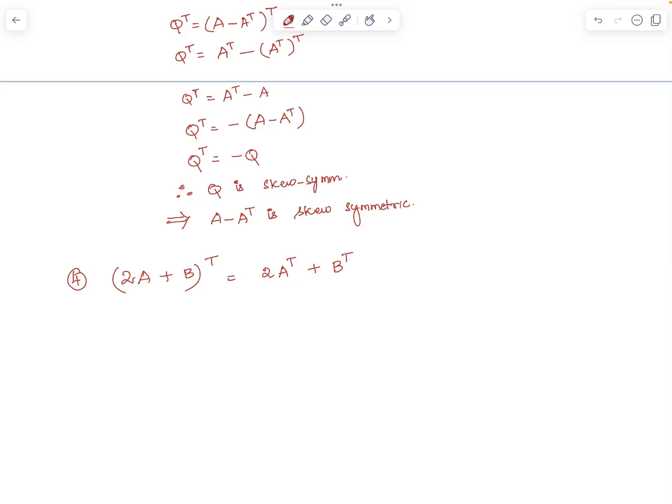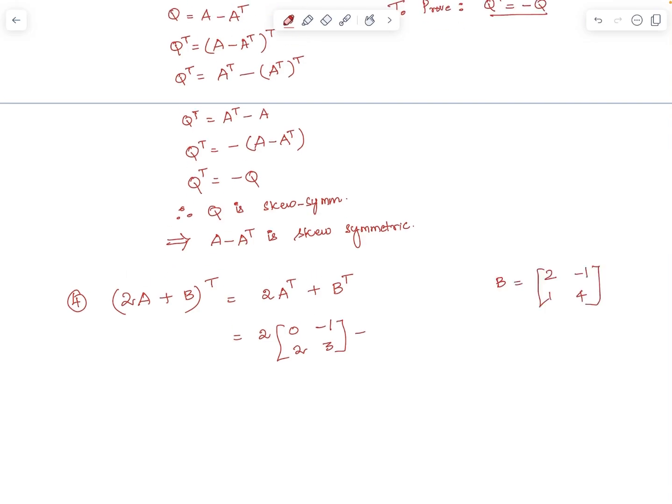A transpose has been given in the question, which is 2 times [0, minus 1; 2, 3]. B transpose will be [2, 1; minus 1, 4].